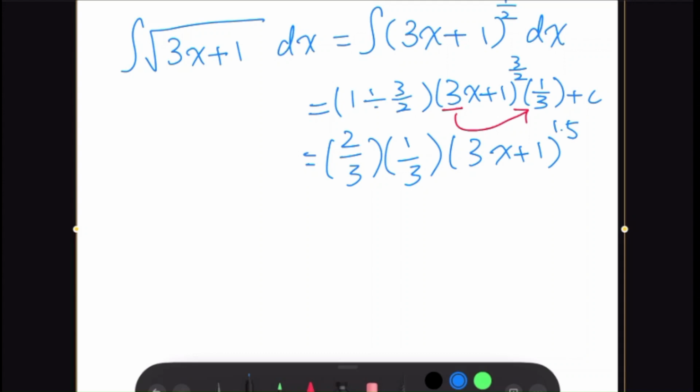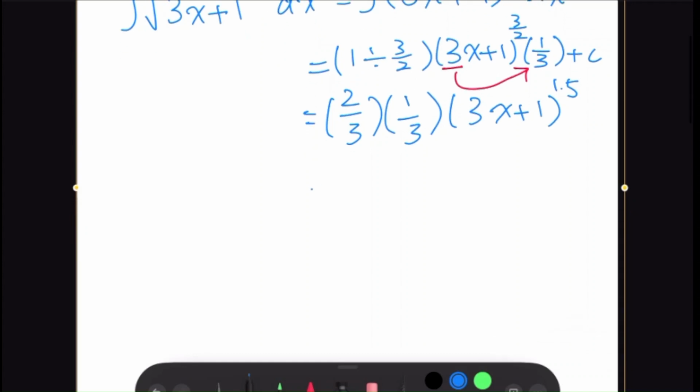What Yusuf is sending out there is basically the kind of formula we're using. And then we would end up with 2 on 9, 3x plus 1 to the 1.5, plus C.